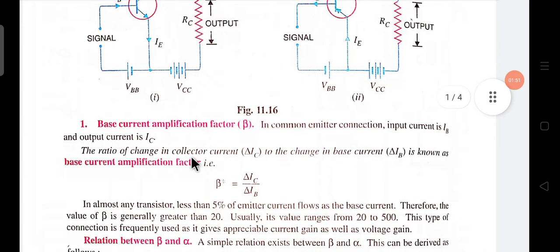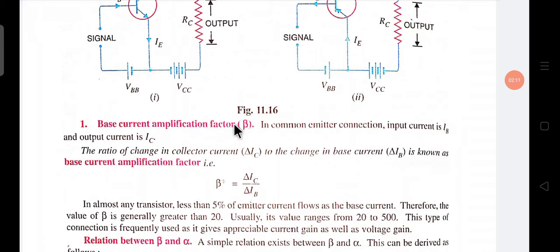Now let us see the basic current amplification factor. We have already studied the current amplification of common base, which is alpha, in the previous class. Here the current amplification factor is beta.